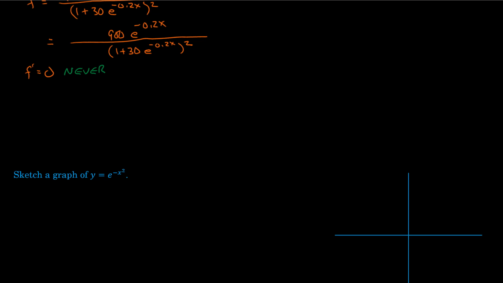The second thing is if my derivative is undefined. That would occur if the denominator is 0. Well, that never happens either. Wow, this is interesting. There are no critical values. This has no maxes, it has no mins. Interesting.